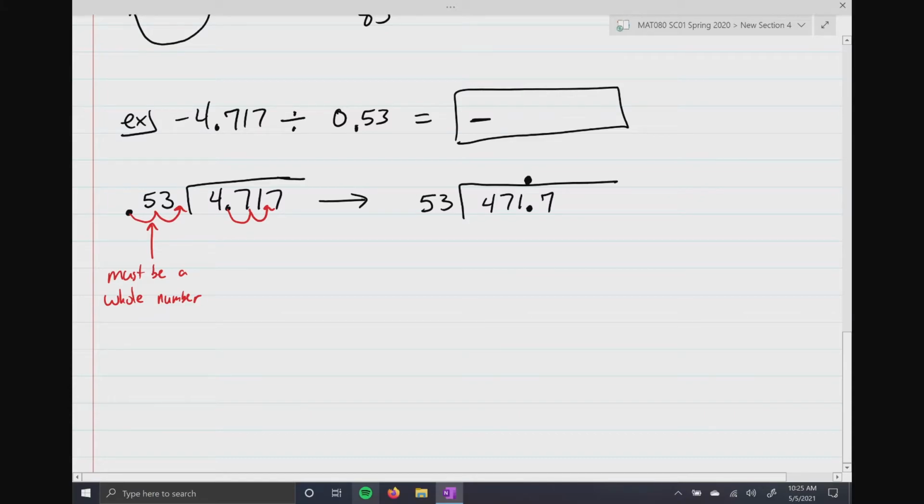All right? So 53 goes into 471 8 times. So that's going to give me 424. Now I need to subtract 471 minus 424. That's going to give me 47.